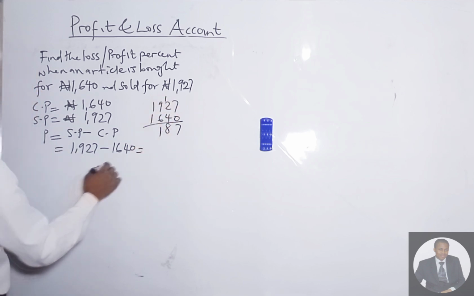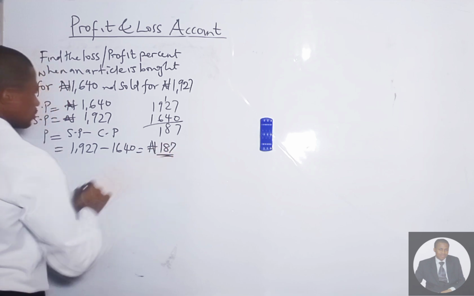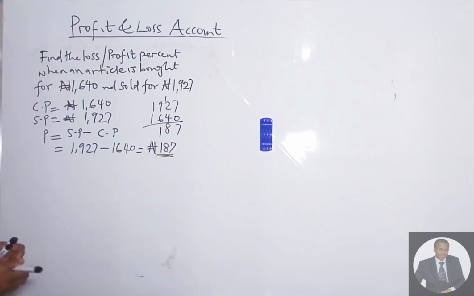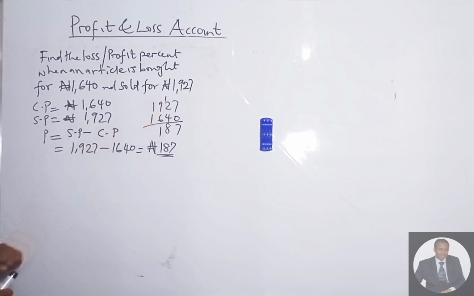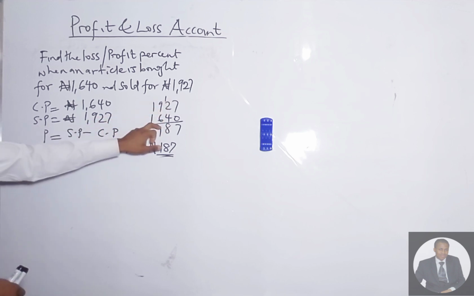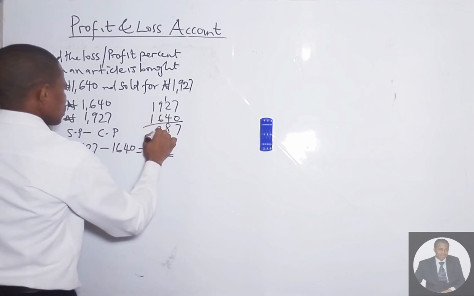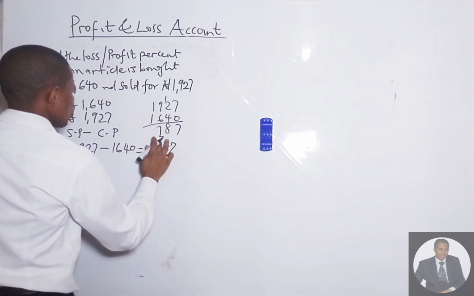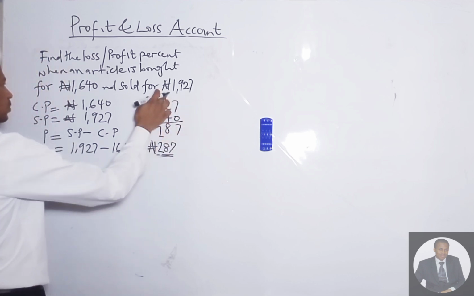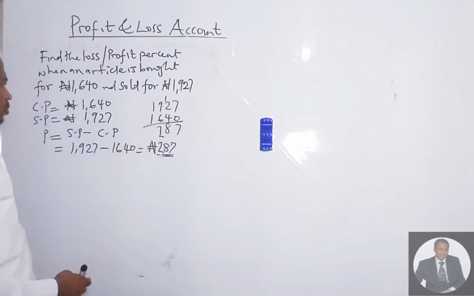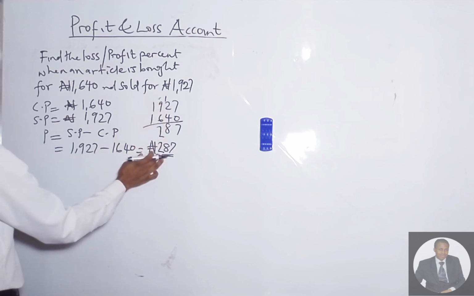So he made a profit of 287 naira because we removed the cost price from the selling price. 1,927 minus 1,640: 12 take away 4, that's 8. So this remains 8.